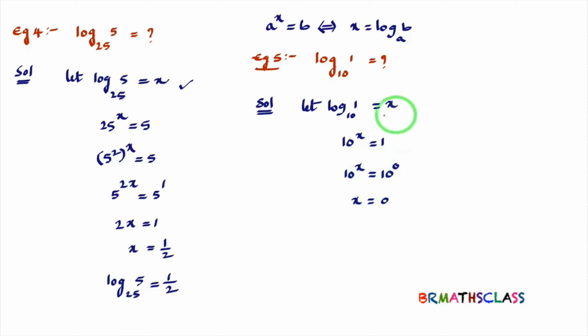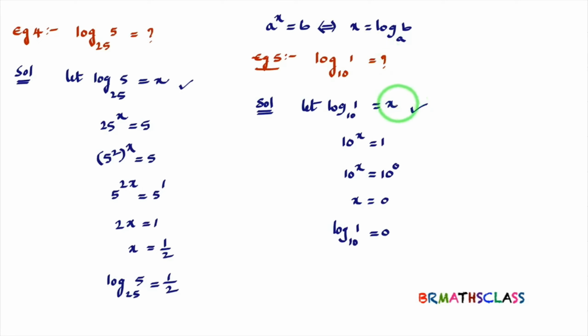I considered log 1 base 10 as x, so log 1 base 10 is 0. In the beginning itself, if you identified that 10 power 0 is 1, directly you can write its answer 0. Please get this point. Logarithm is an exponent.